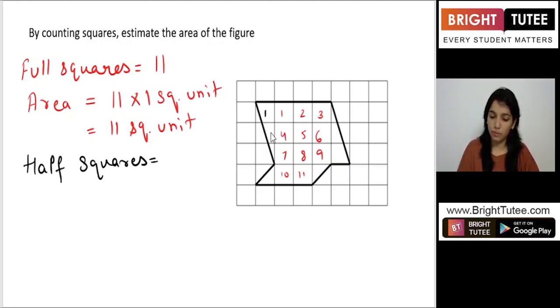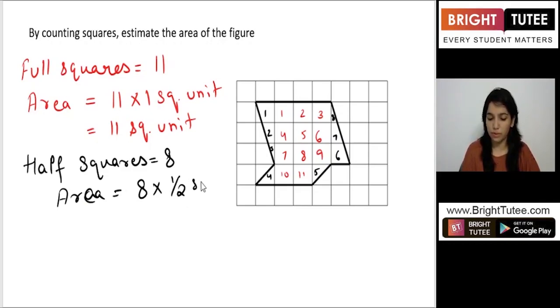It is 1, 2, 3, 4, 5, 6, 7 and 8. So it is 8. In order to find the area covered by half squares, it is 8 multiplied by half unit squared, right? So it is 4 square units.